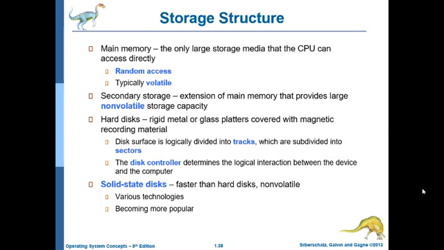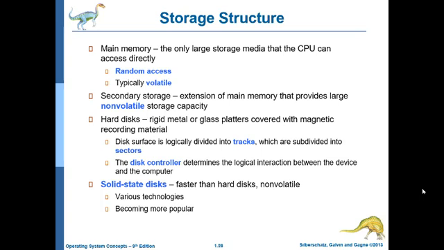Similarly, main memory is volatile. What is meant by volatile? Temporary. What is meant by temporary? RAM is volatile, which means that if the power is on, it has electricity, it can store the data.